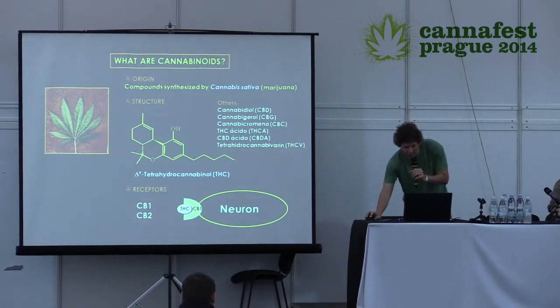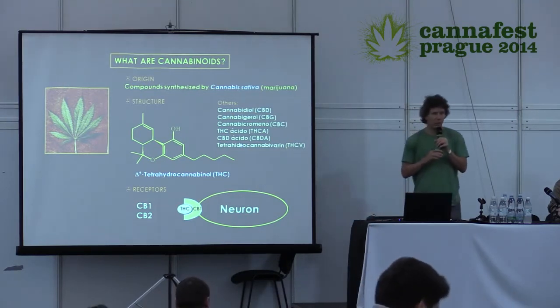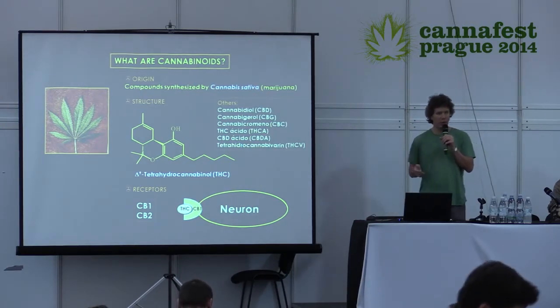So, although there are many other cannabinoids within the plant, nowadays, we know quite well what is the pharmacology of THC, what is the pharmacology of CBD, whereas the rest of the compounds are not so well known, and they are usually minor compounds in the plant.